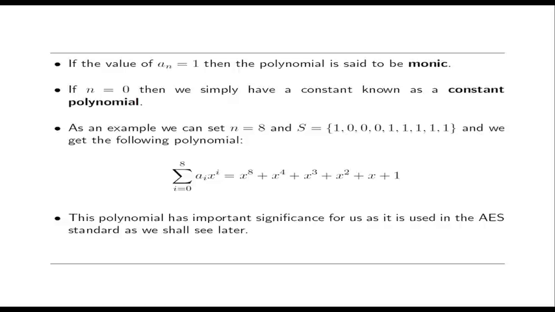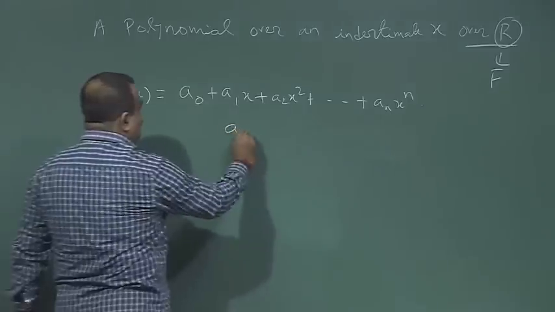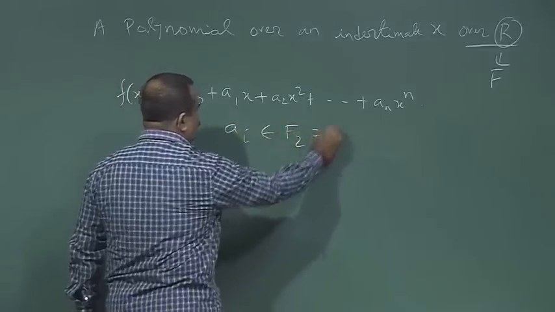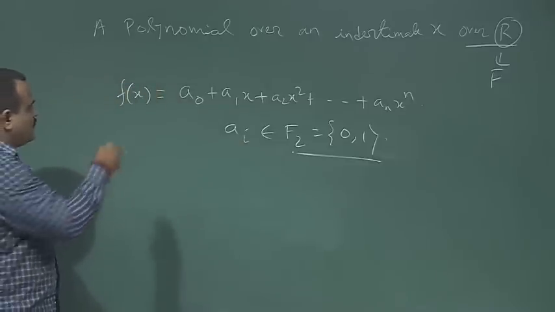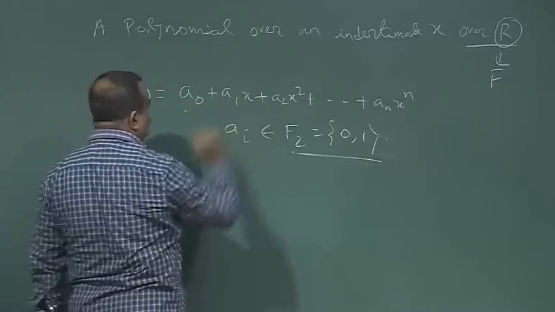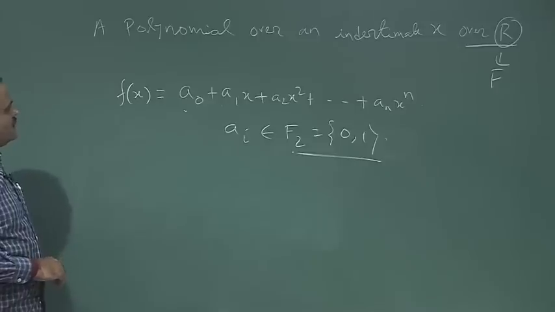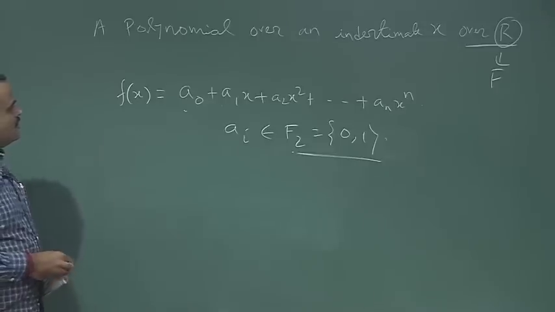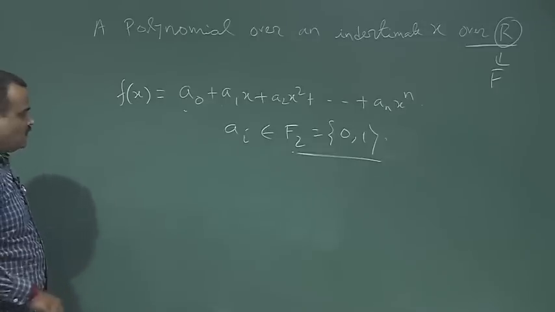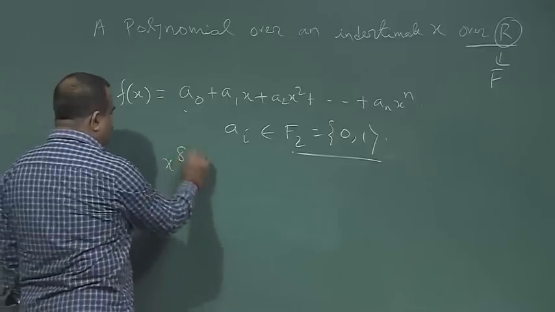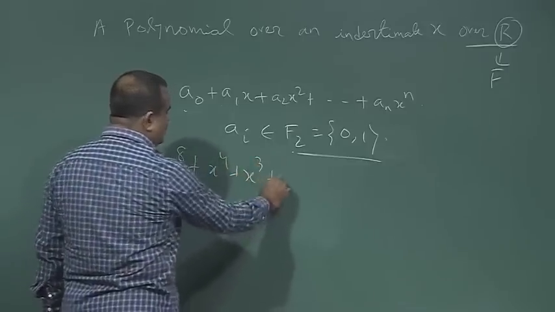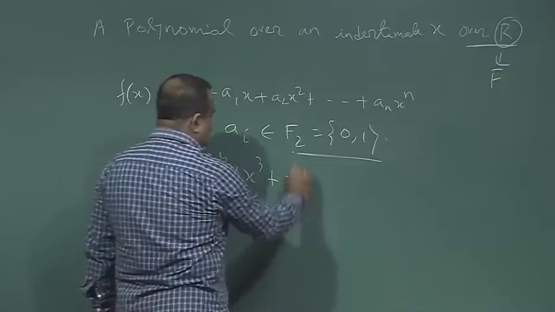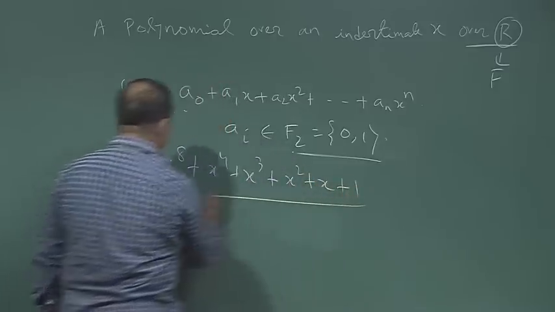So if we take this polynomial where the ai's are coming from F2, F2 is a field, this is binary. So these are all binary bits. This a1, a2 all are binary bits. The particular form of this polynomial is x to the power 8 plus x to the power 4 plus x cubed plus x square plus x plus 1.